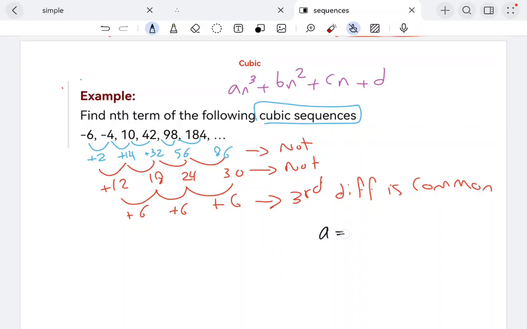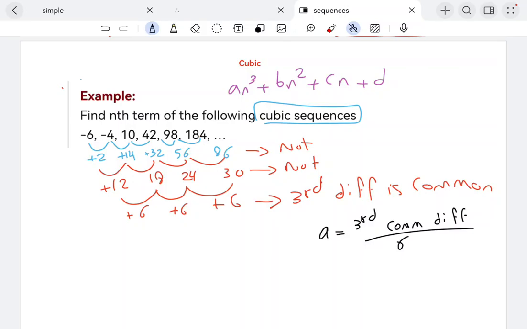So how do I find a? A equals the third common difference divided by 6. Quick review now: for linear, the coefficient of n is the same as the first common difference.